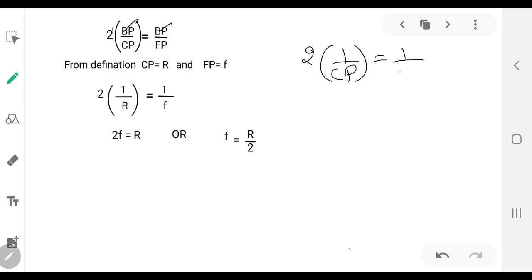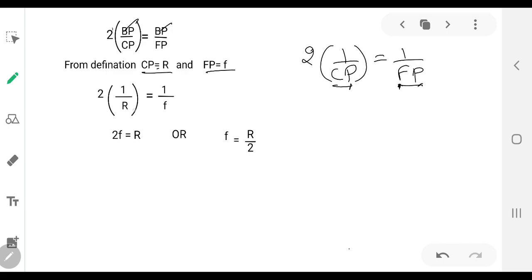CP, the distance from center of curvature to the pole, is nothing but the radius of curvature. FP, the distance from principal focus to the pole, is the focal length f.